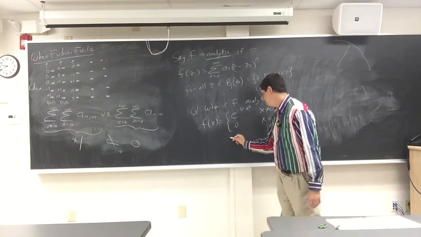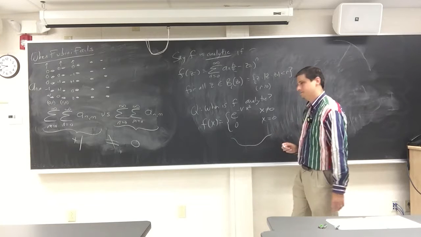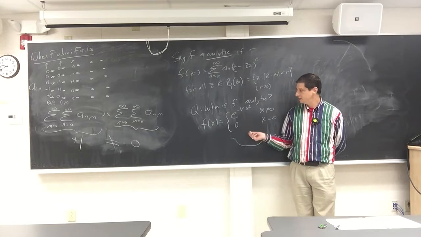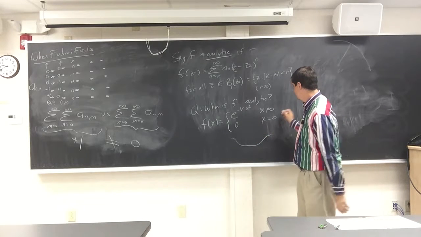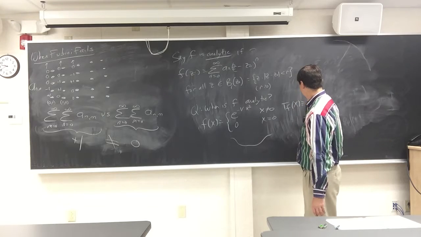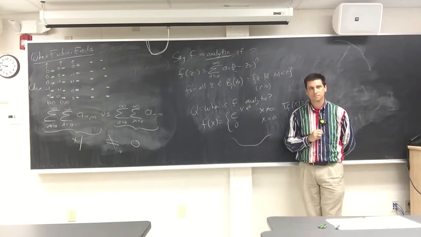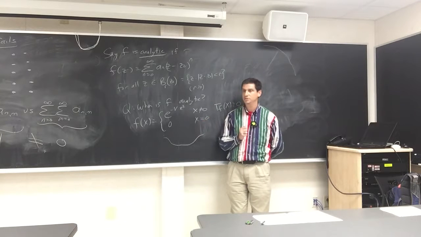The problem is it's really flat near the origin, and when you look at the Taylor series, it has all coefficients 0. So the Taylor series of f is just identically 0. So the function is not given by its Taylor series in a small neighborhood about the origin. This should be troublesome.